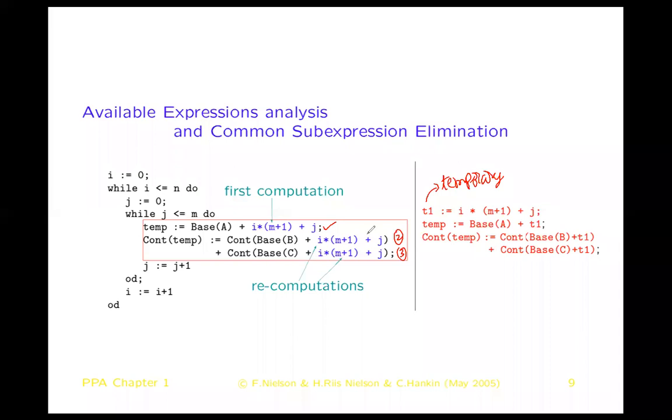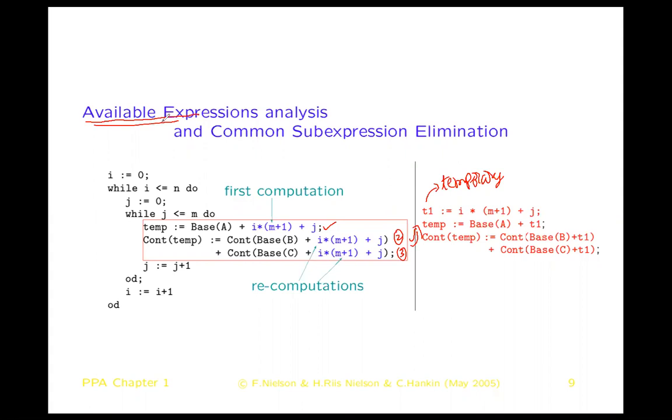So this is the code. This block of code here will be transformed into this. Here we do what is called an available expressions analysis. This is an analysis pass. In order to identify that this whole subexpression is being recomputed, we do the available expressions analysis pass.